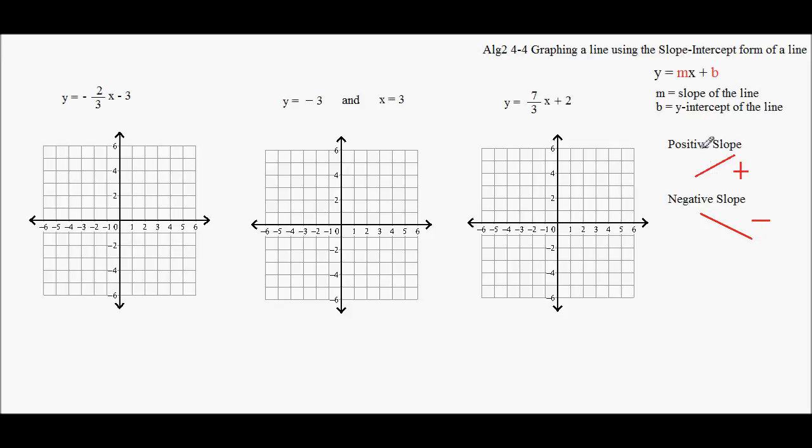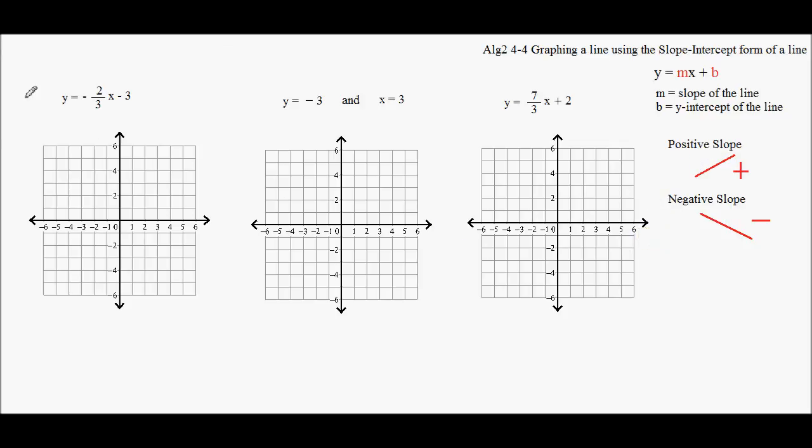And if it's a positive slope, it's going uphill. You can think of it like a car, or you're walking west to east, and you're walking uphill, right? Or you're walking downhill. So remember, that's very, very important.